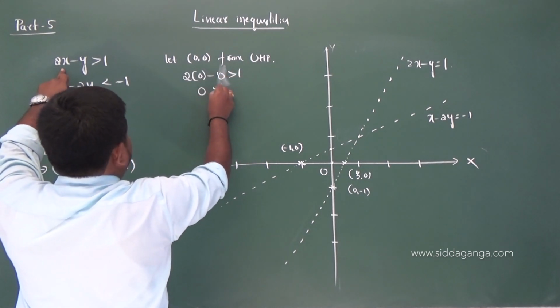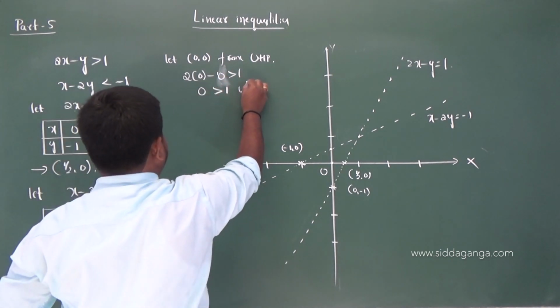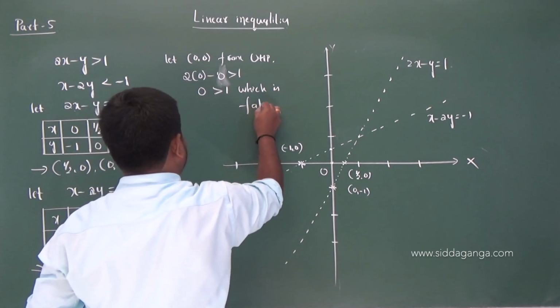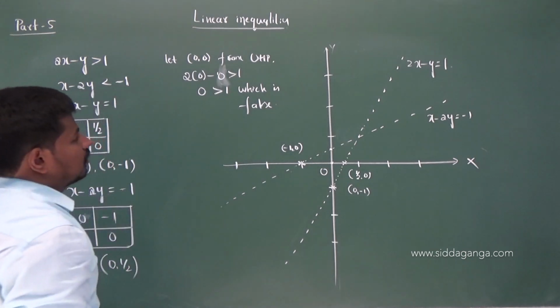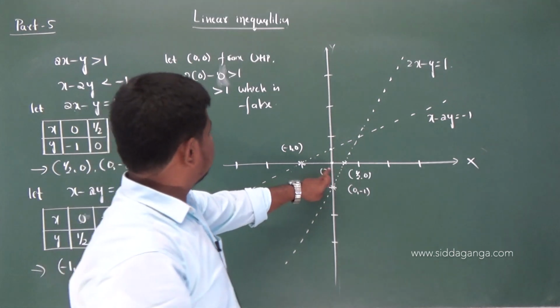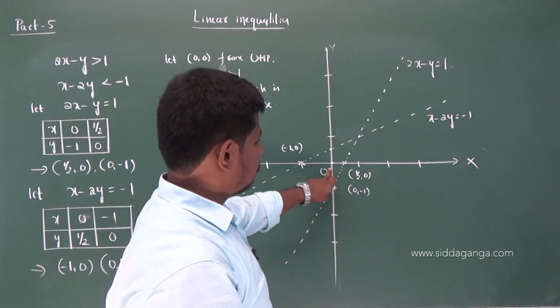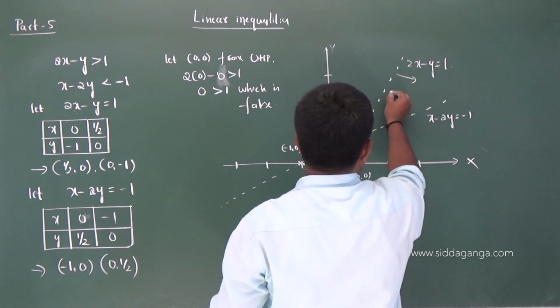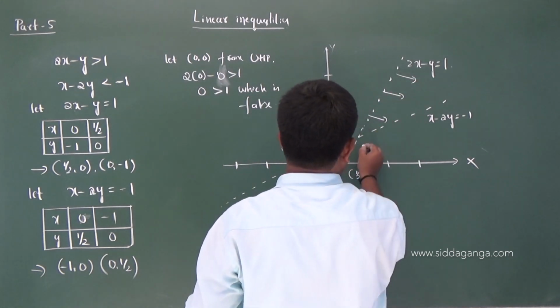So 0 is greater than 1, which is false. Hence the solution region is what? We have taken the point from the upper half plane, right? So the lower half plane becomes the solution region.